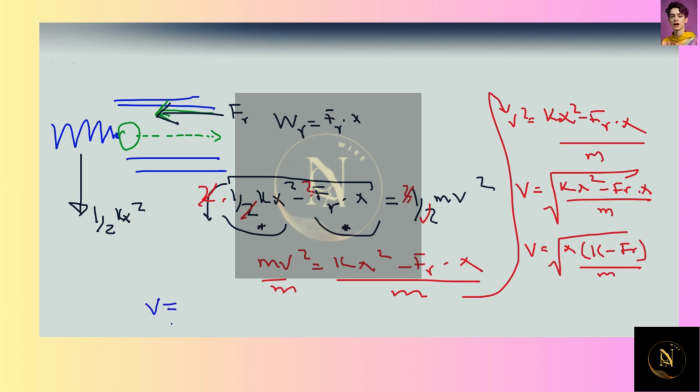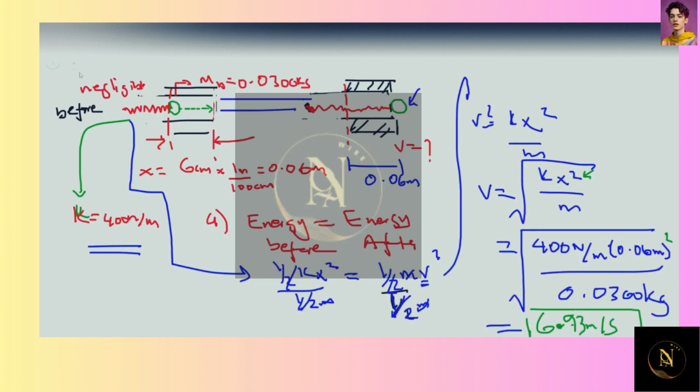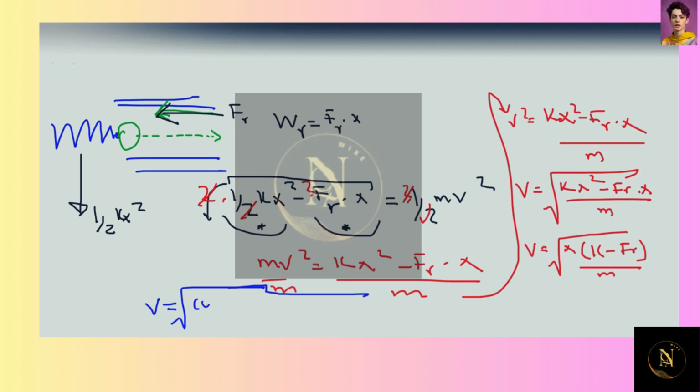And then we need to plug in the numbers, so I'm going to continue right here. x, if you go back, happens to be 0.06, so this is 0.06 meters. Remember, this would be kx right here.